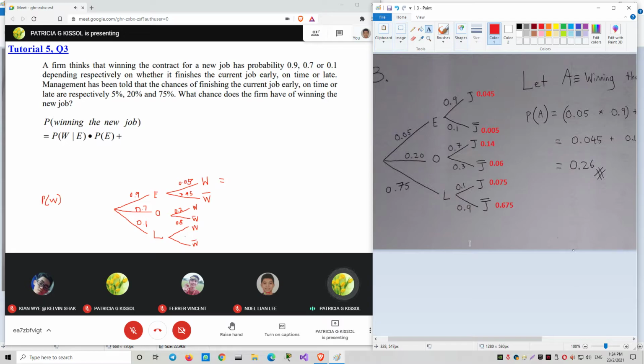And then for late, it would be 0.75 and 0.25. Sorry about my handwriting, it is very bad. So if you put the joint, the first one is the probability of winning given it is early times the probability of early, and then on time, and then late. So that means we multiply all this.